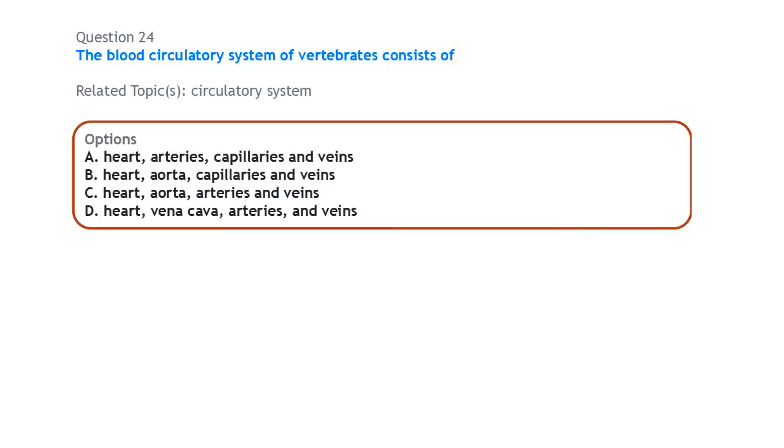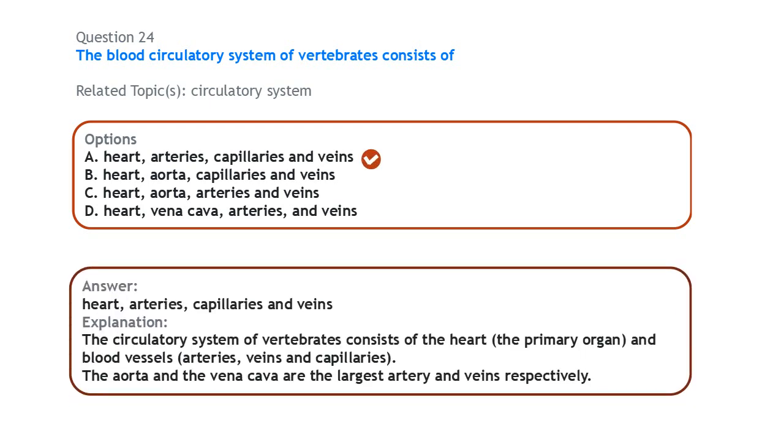Next, also on circulatory system, the blood circulatory system of vertebrates consists of the heart, which is the organ in the body that pumps the blood, the arteries, which are the conducting vessels that carry blood away from the heart, except for, of course, the pulmonary artery.